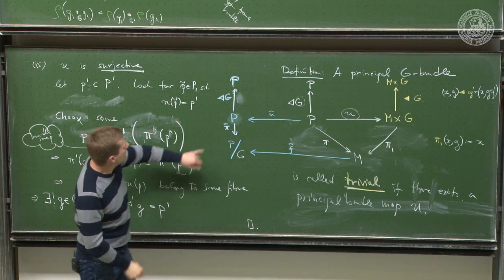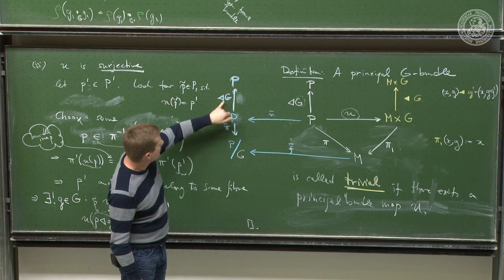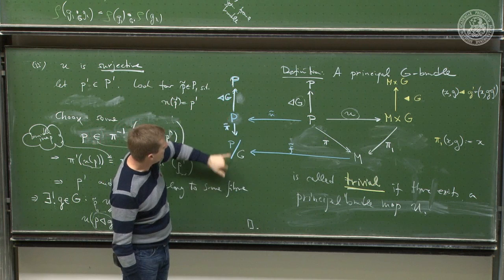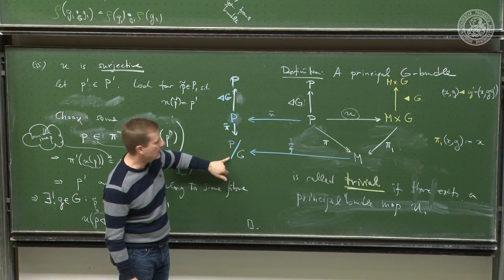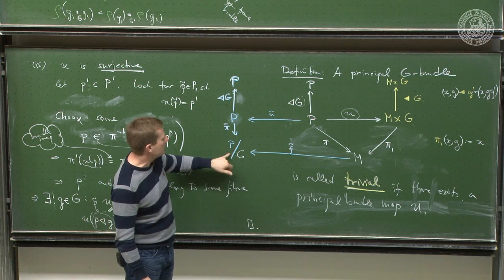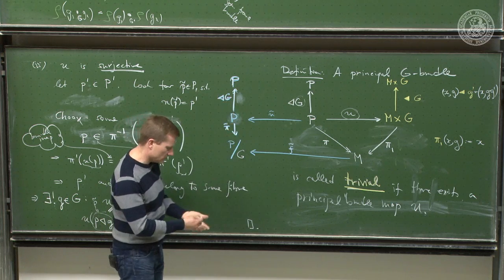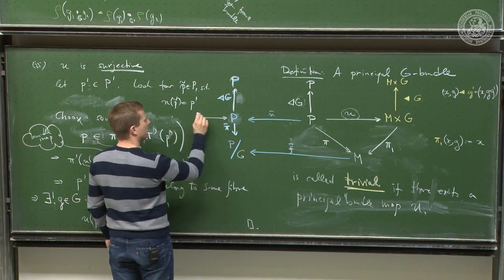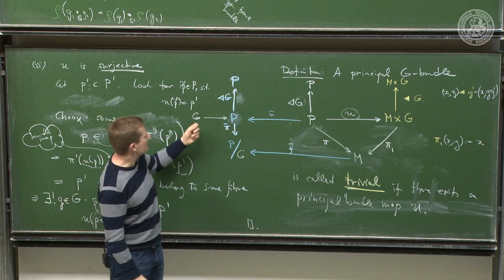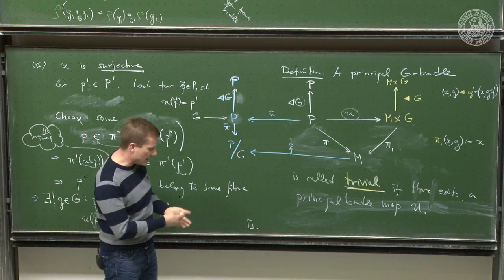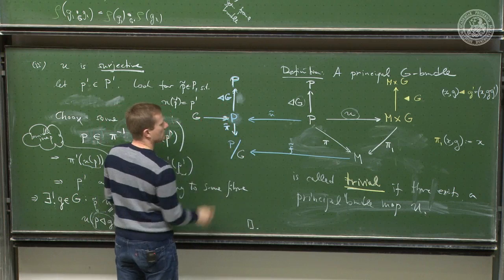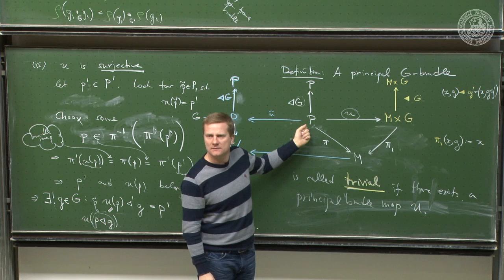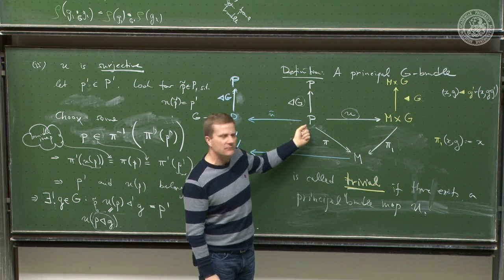And because this is a free action, it means that this entire P was, in a sense, foliated into lots of orbits. But each fiber is isomorphic. We also mentioned or even proved that. So in our notation of a fiber bundle, the blue guy is a G fiber bundle. So this principal bundle is a G fiber bundle, meaning at every point there's the same fiber.